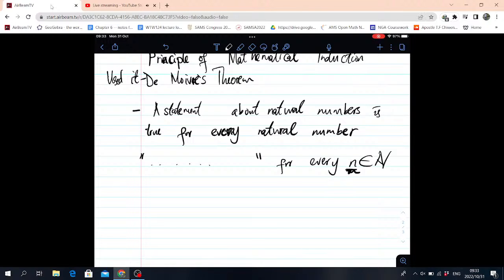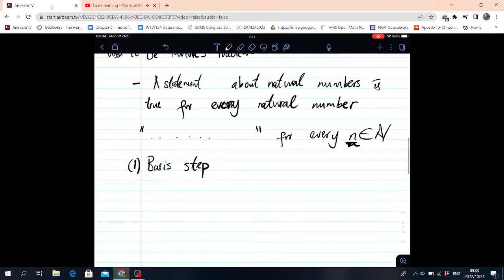So the way we use mathematical induction to prove this type of statements is to start off. So the first step is what is called the basis step, or base step, right? So basically here, what you want to do is to prove that whatever statement you have, which involves this n, is true for n is equal to 1.